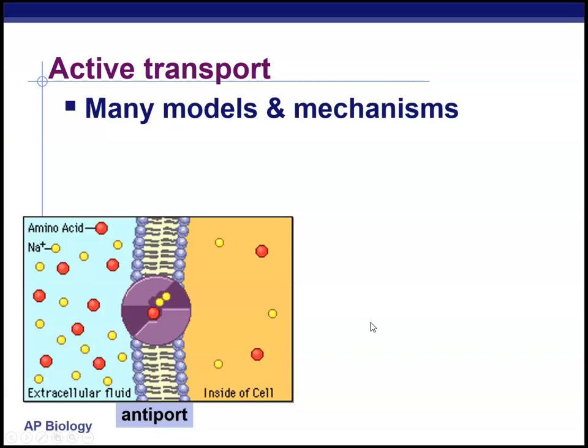We see it's making use of moving molecules both into the cell and outside of the cell at the same time. And again, that's called antiport. That's needing energy in the form of ATP to cause this protein to change its conformation or change its shape in order to make that happen.